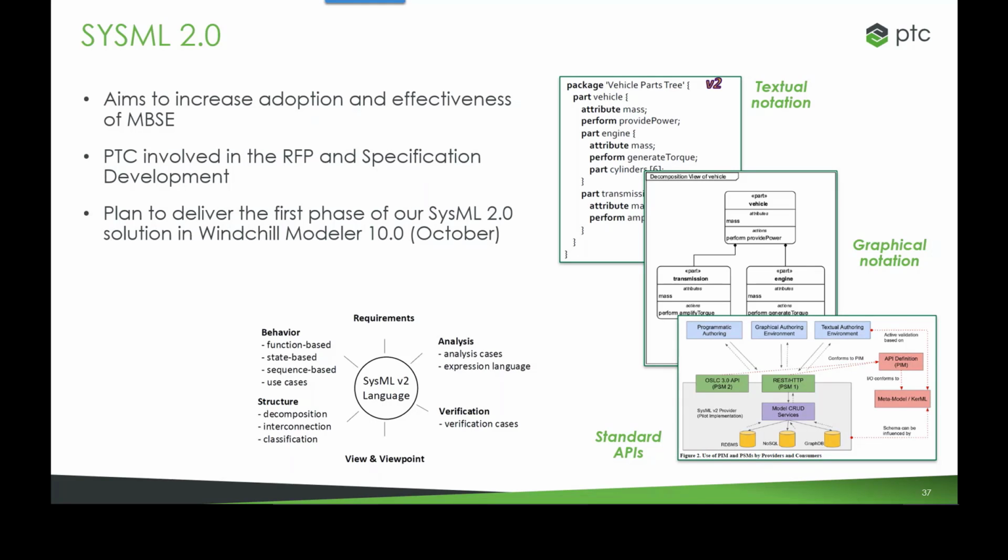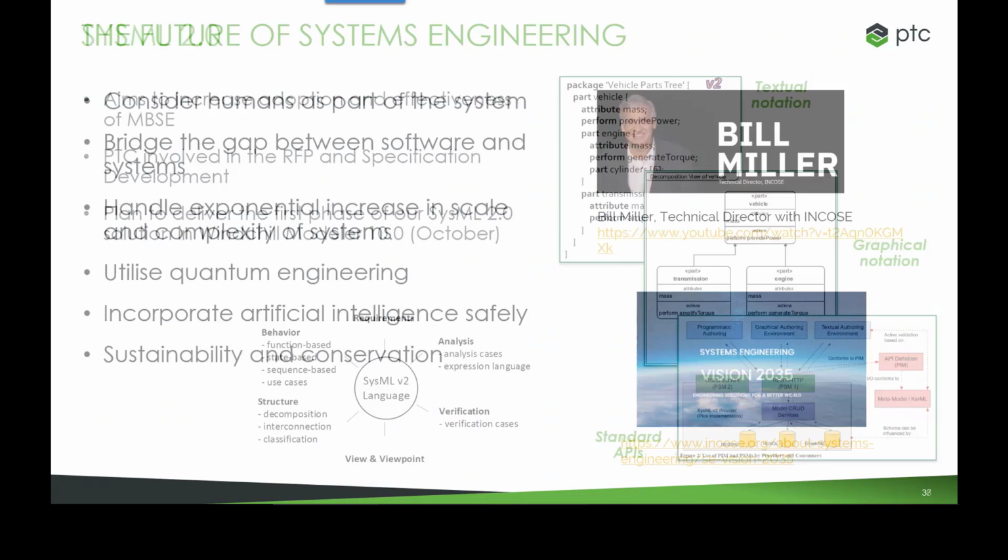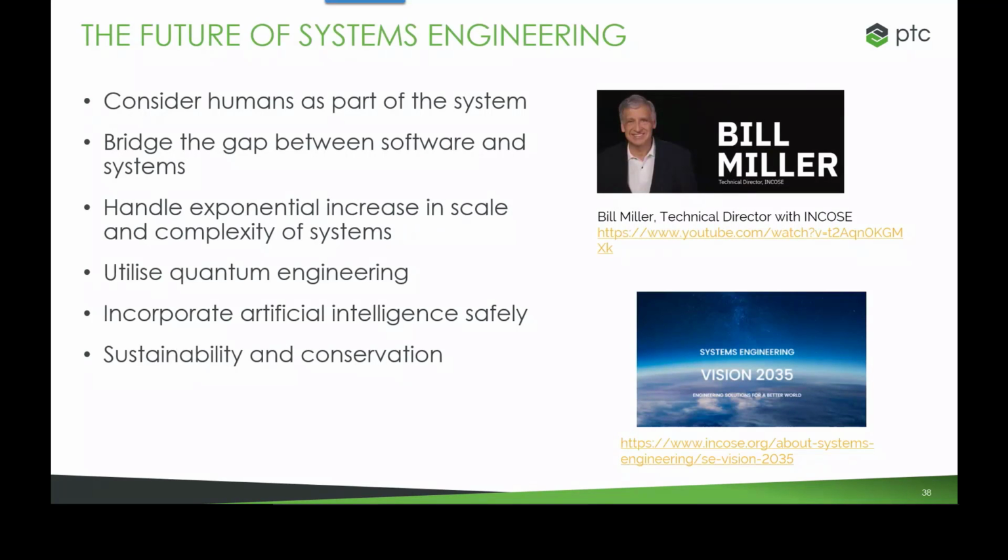Really the graphical view and the textual view are the same model. It's just a different representation of the model, which of course in Windchill Modeler is stored in a database in tables. So it's going to be an interesting period for our industry and an opportunity for us to really provide an excellent SysML 2.0 solution.